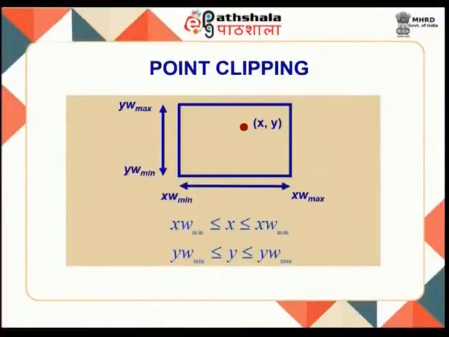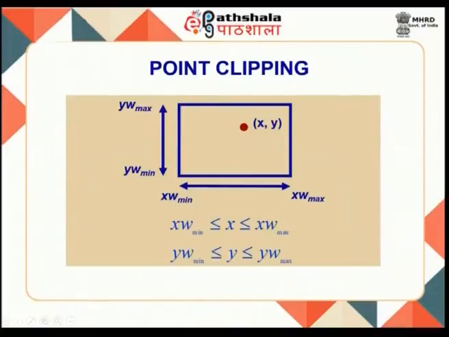So the second inequality is not satisfied by the x coordinate, but the y coordinate has satisfied both the inequalities, while the x coordinate has satisfied only x greater than xw min, and x is also greater than xw max.